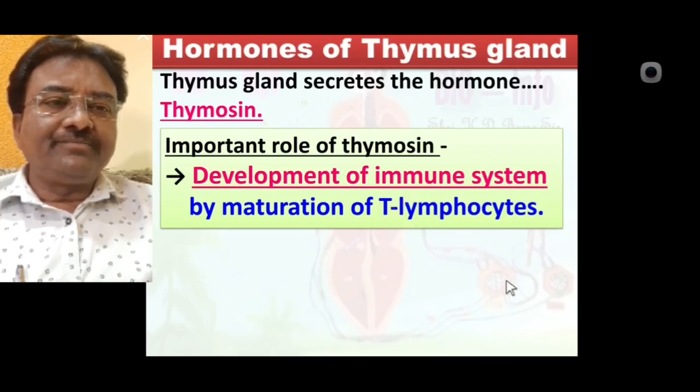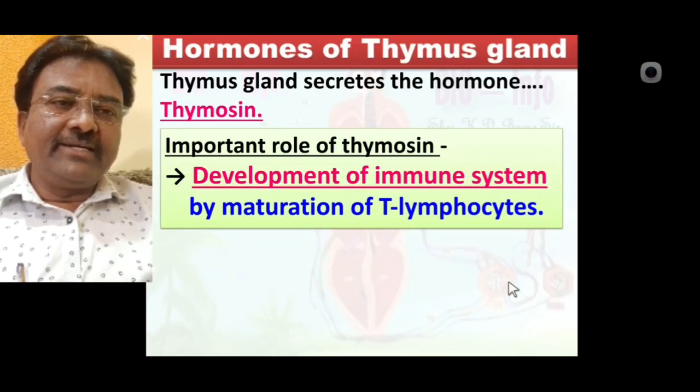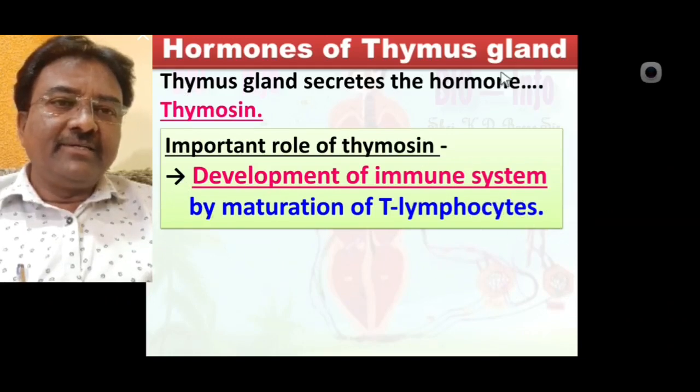You know, lymphocyte is one of the WBC types, and lymphocytes are also divided into T lymphocytes. Such T lymphocytes are completely matured in the thymus gland.